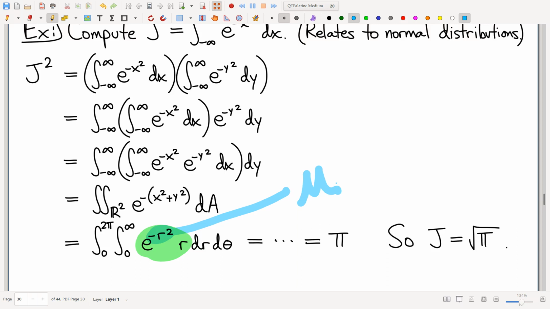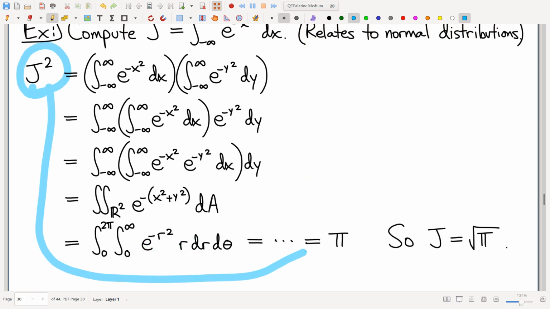Boom. It's all over but the details. And so what we find here, and keep in mind we were computing the square of what we're interested in, we just computed that j squared is pi, and therefore j is the square root of pi. So super clever, very, very clever computation. And I just think it's cool.